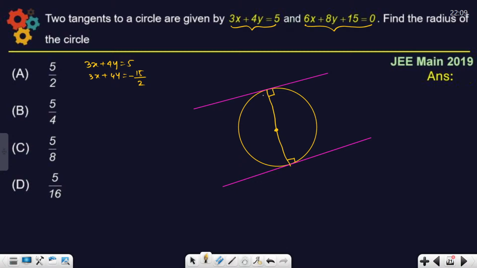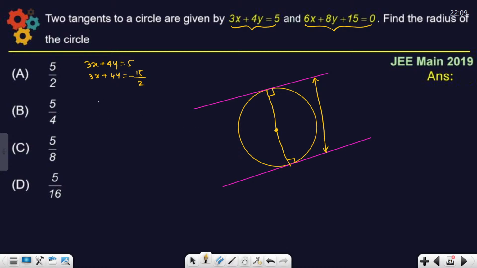So the distance between these two lines is nothing but the diameter of the given circle. Am I correct? So obviously the radius will be half of it. That simple it is. So simply find the perpendicular distance between these two parallel lines.